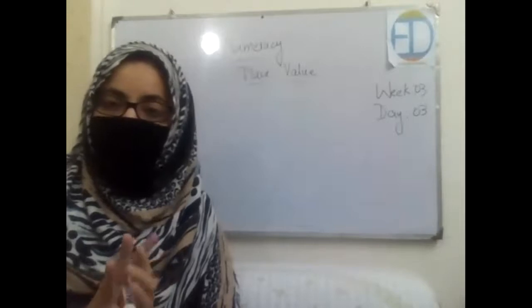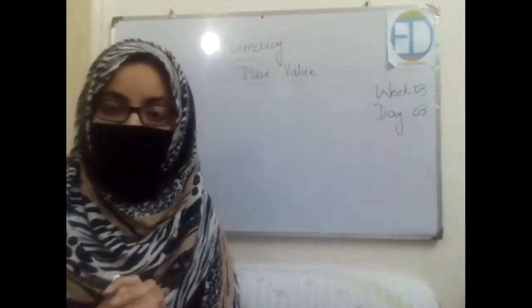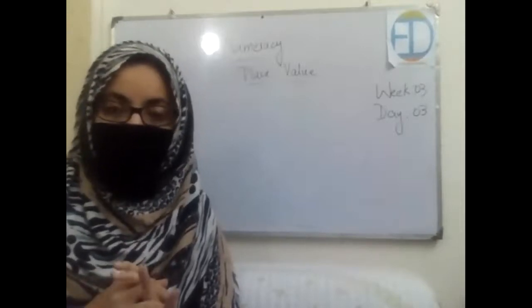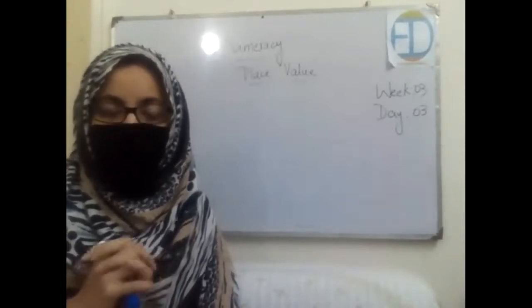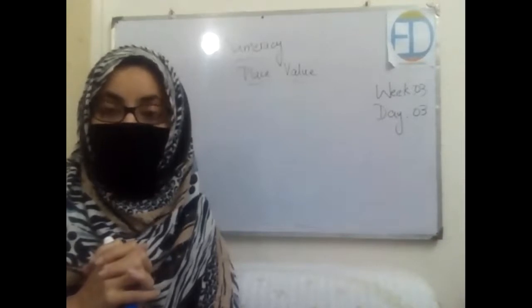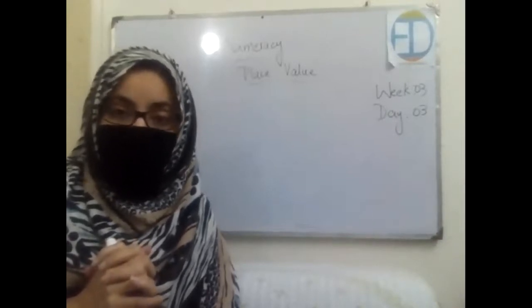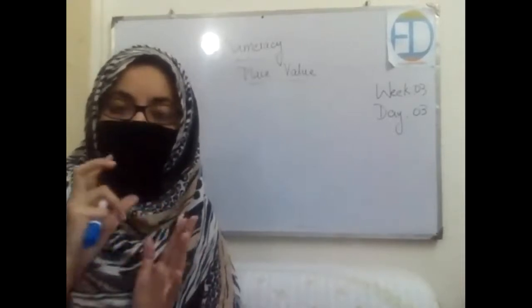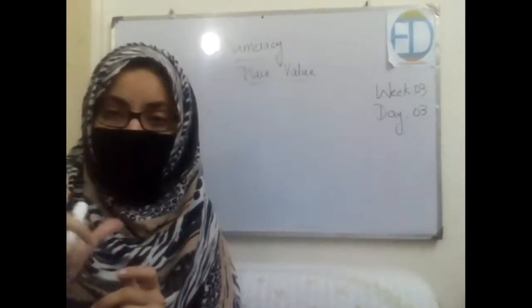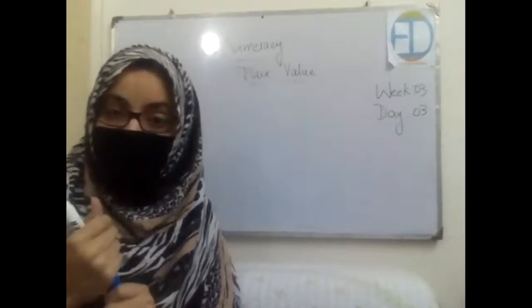So, it's your third lesson of week number 3, and today we will be continuing with the topic, which is place value. In our previous classes, we discussed what place value means, and I told you that in mathematics we place numbers according to the preset values by the mathematical rules, right?